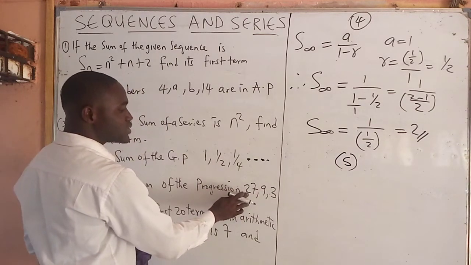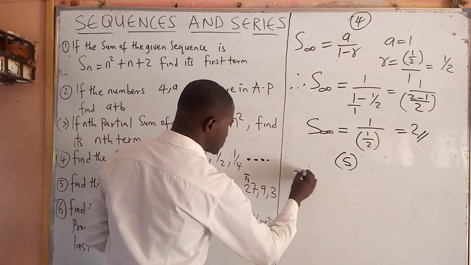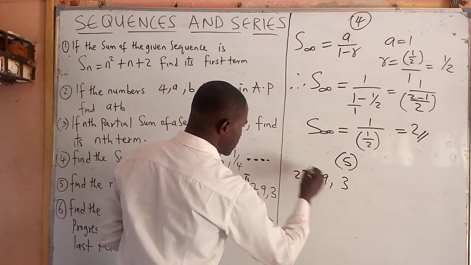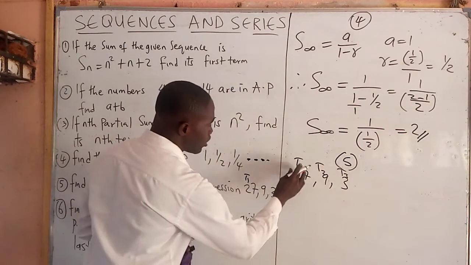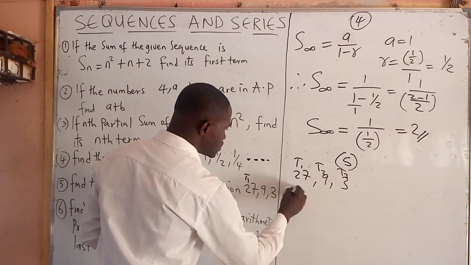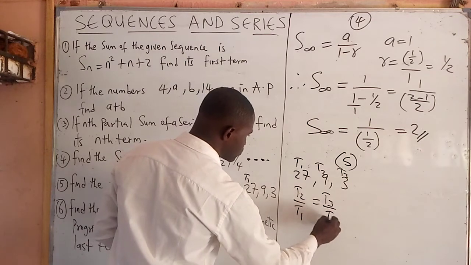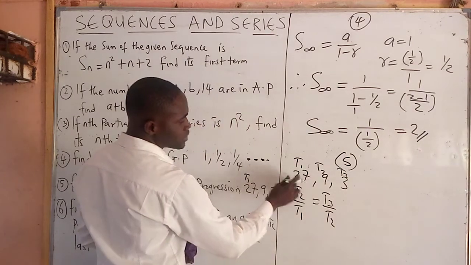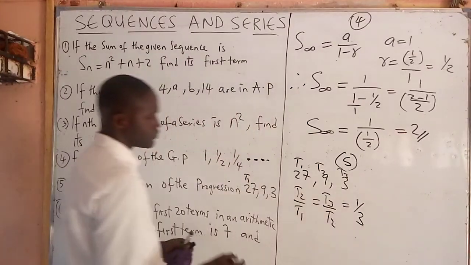9 divided by 27. This is T1, T2, T3: 27, 9, 3. So, you say T2 over T1 equal to T3 over T2. 9 divided by 27 will give you 1 over 3.